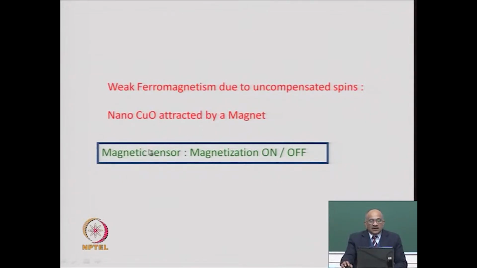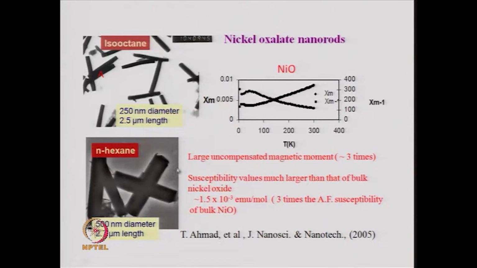So, such materials can be put into devices as a magnetic sensor, and you can switch on and switch off the magnetization depending on this kind of materials. So, it can be used as a magnetic sensor. Now, you can look at other materials of similar kind. For example, instead of copper oxalate, you can look at nickel oxalate nanorods, which are shown here, and again the diameter and the length can be changed by changing the starting solvent.